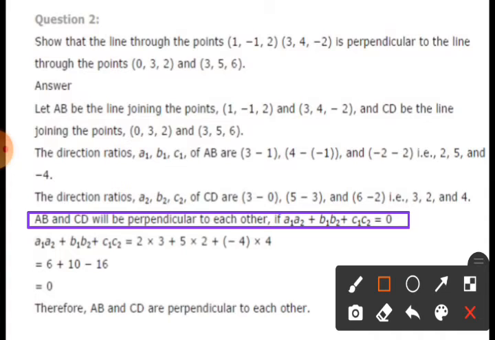We are going to use this formula. Here AB is one line and CD is another line. If these two lines are perpendicular, then a1 a2 plus b1 b2 plus c1 c2 equals 0.